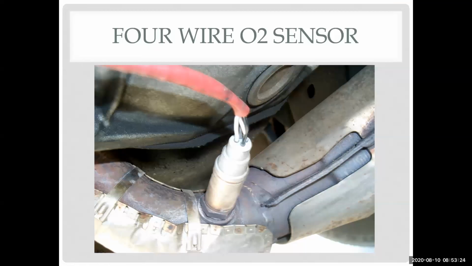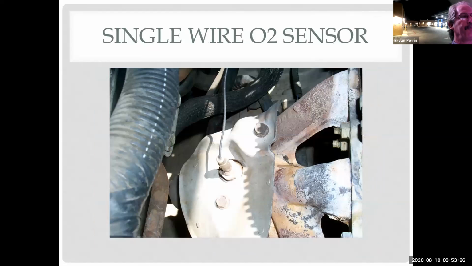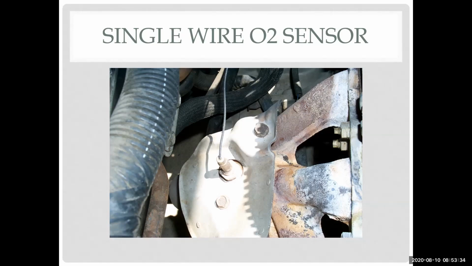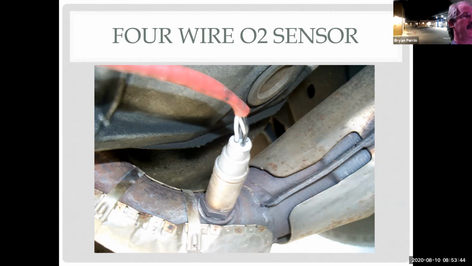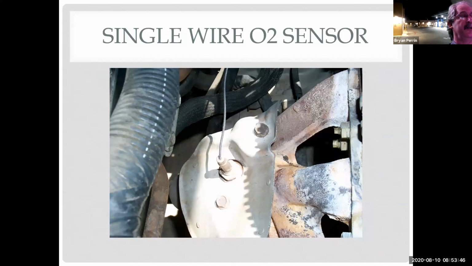We also had 2-wire sensors, which basically, instead of grounding through the threads, now had 2 wires, one going to the ground, one for the signal. We had 3-wire sensors in the case of Ford, where we put a heater on it, since these need to work at, I mean, at 600 degrees.